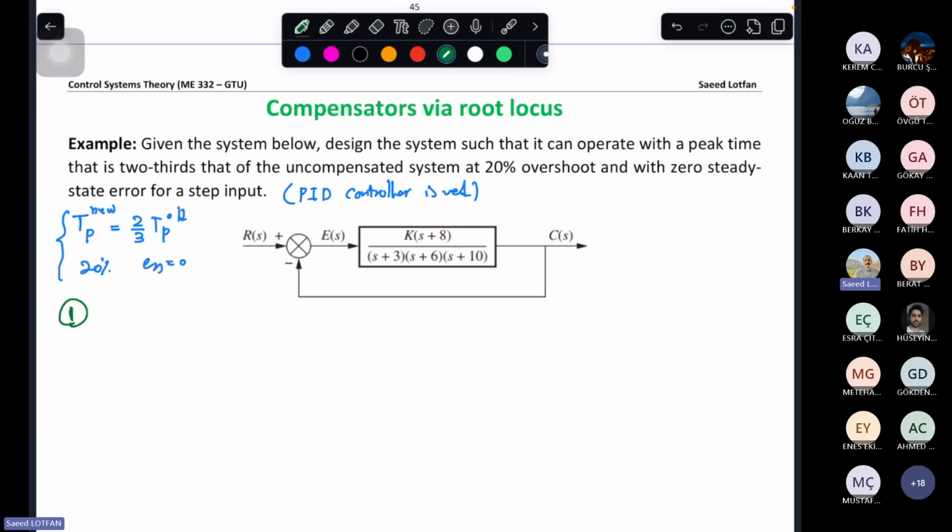I'm not solving the problem completely, but to understand what is going on here. Step one is to find the zeros and poles of the system: we have -8, -3, -6, -10. These are the open loop zeros and poles. So I have two infinities and nothing here.